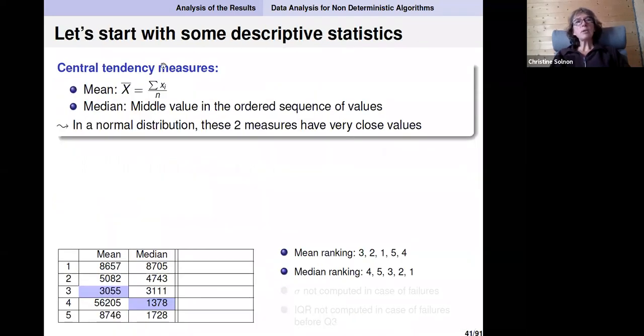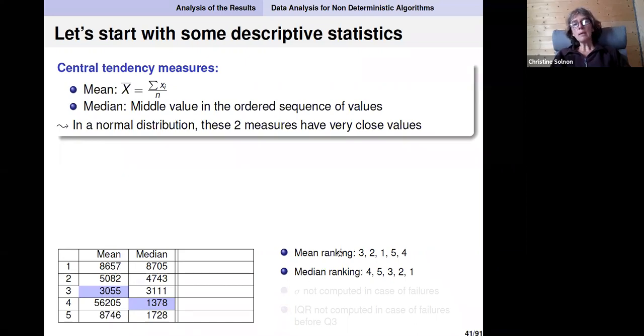So now let us start with some descriptive statistics. For each parameter setting from 1 to 5, I have performed a large number of runs. Actually, I've performed 100 runs. And I can simply compute the mean measure, which is reported in this column, or the median measure. If I do that, I observe that very different conclusions can be drawn depending on whether I consider the mean or the median.